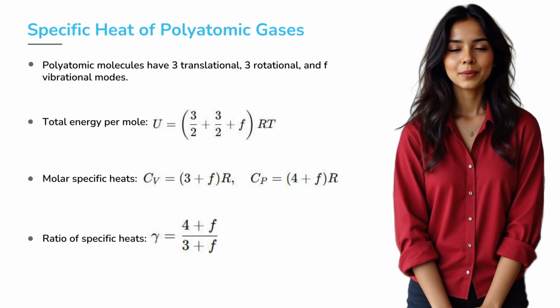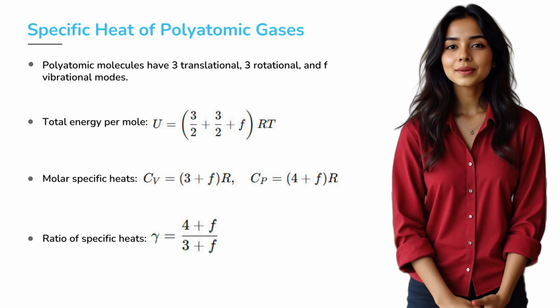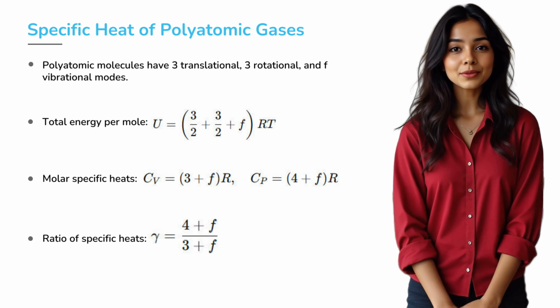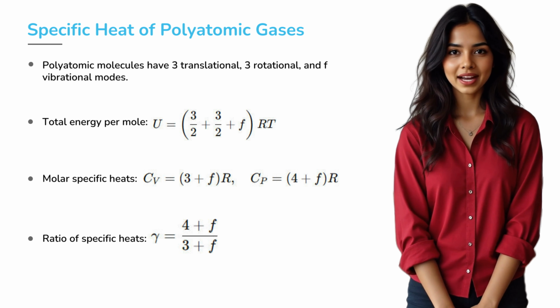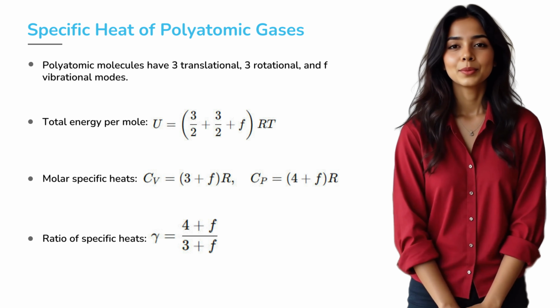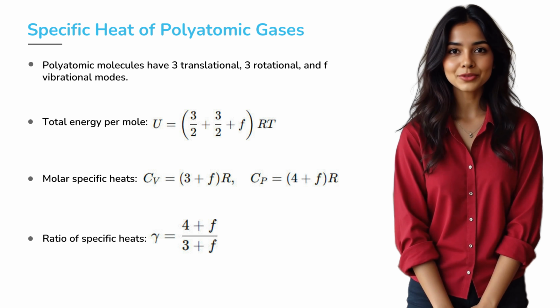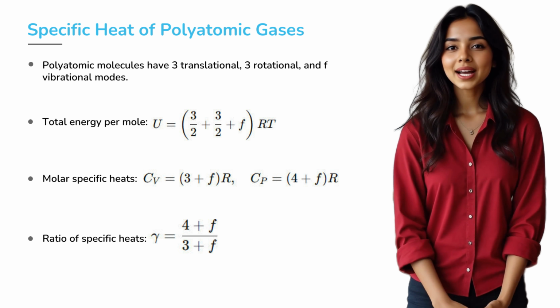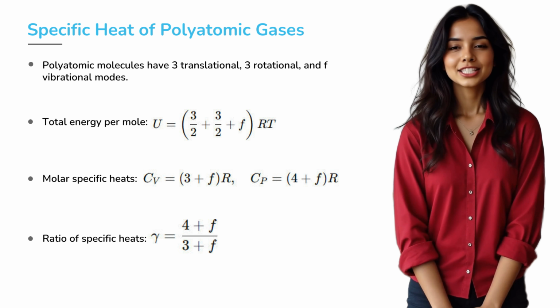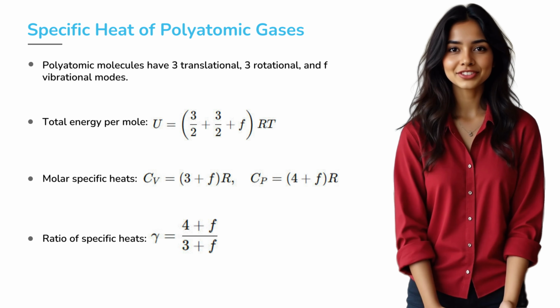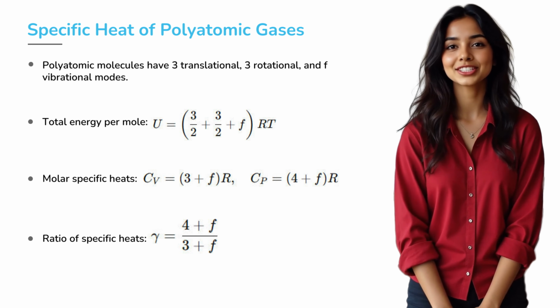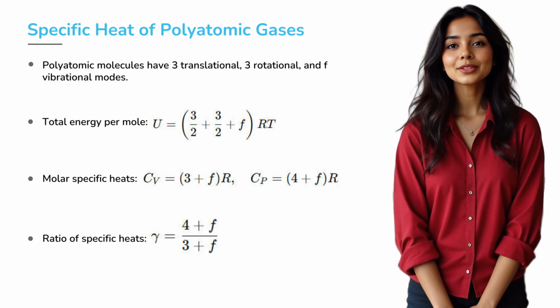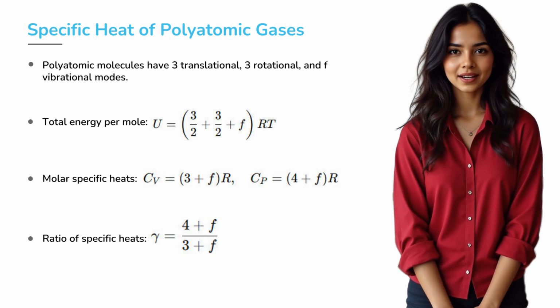Let's call that number F. So, the total energy per mole becomes (3/2 + 3/2 + F) RT. That means the specific heat at constant volume, Cv, equals (3 + F) R. And the specific heat at constant pressure, Cp, equals (4 + F) R.